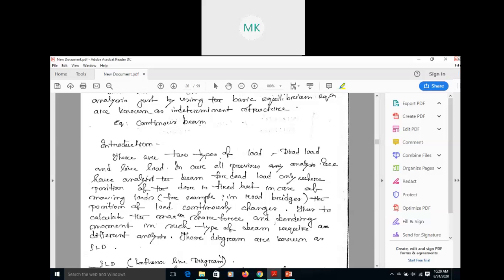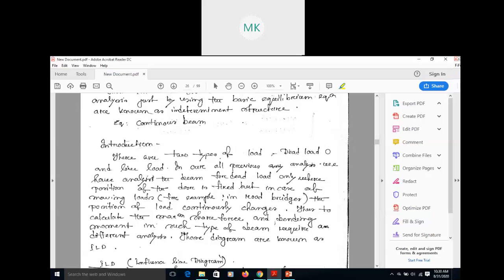Live means it has a life, so it is moving. For example, in a bridge, all the vehicles are moving, so they give a load on the bridge, but it is not permanent or fixed. This load may be different as per the vehicle moving on the bridge. So we need to analyze this type of load.